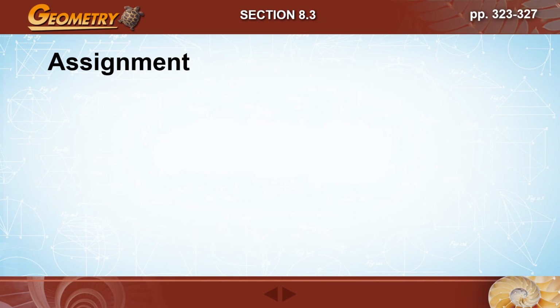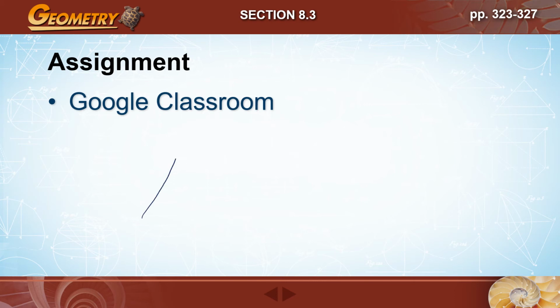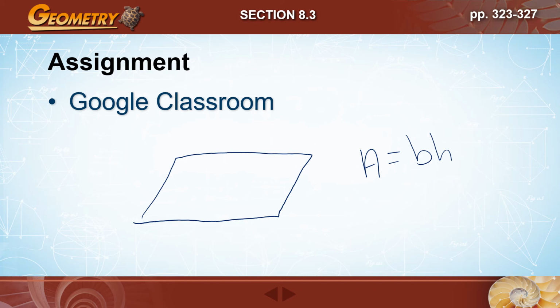And then one thing that I want you to note is that sometimes in your assignment, it will ask you to apply the Pythagorean theorem to something we've already learned. So for example, they might give you a parallelogram and ask you to find the area of the parallelogram. And we know that the area of a parallelogram is the base times the height, but they might just give you the base, and they might give you the length of this side, and they might give you the side of this triangle here.